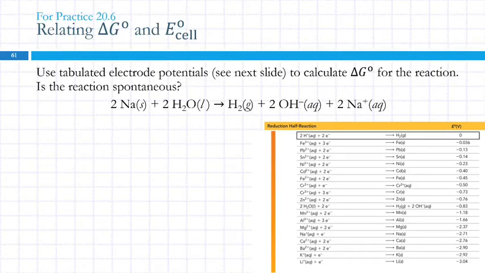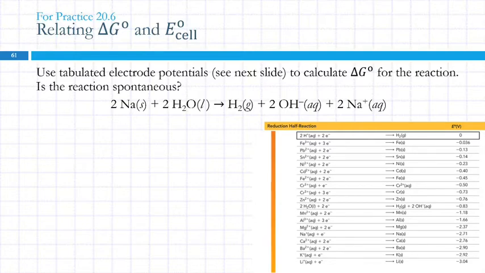So let's practice this. Use tabulated electrode potentials. It says see next slide, but I think I stuck them here. To calculate delta G for this reaction, is the reaction spontaneous?